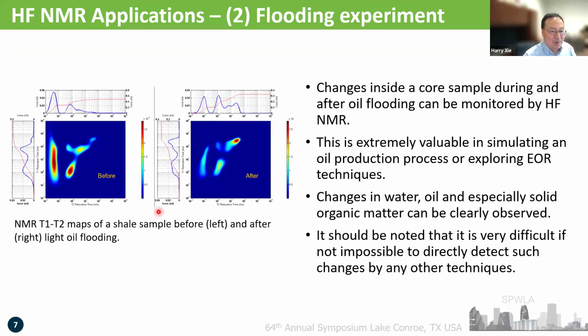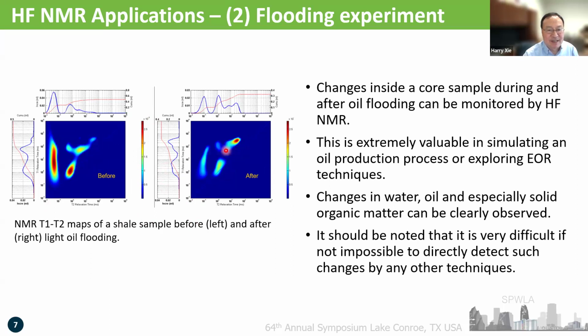Okay, and with the same techniques, 2D measurement, T1, T2 map measurement, we can monitor the change after liquid flooding through the sample. So this is the sample before the flooding, this is after. So we try to simulate oil production. We flood the sample with a light oil, lab oil. And afterwards, you can see a lot of oil being removed.